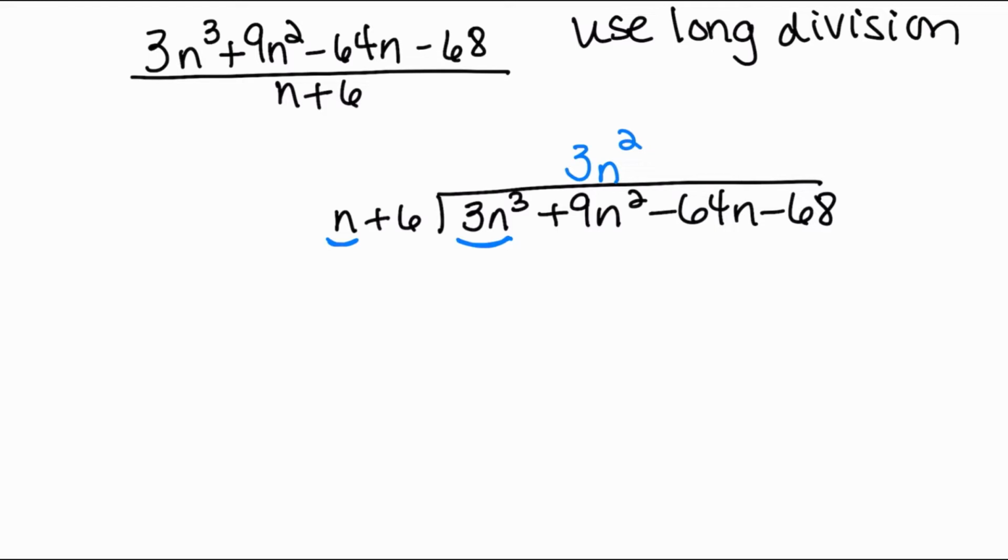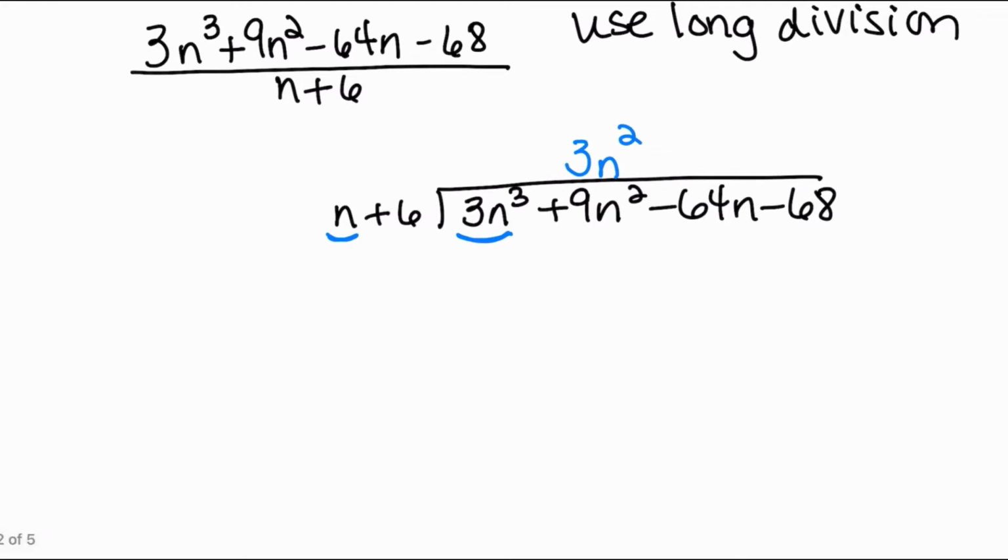I'm going to now multiply. I'm going to distribute. So 3n squared times n is 3n to the third. And then 3n squared times 6 is 18n squared. So I took the 3n squared and now I distributed to the n plus 6.